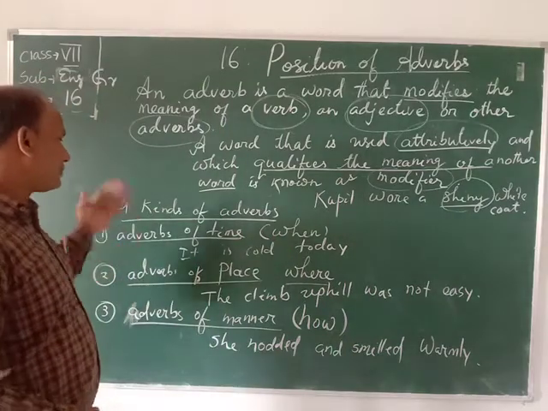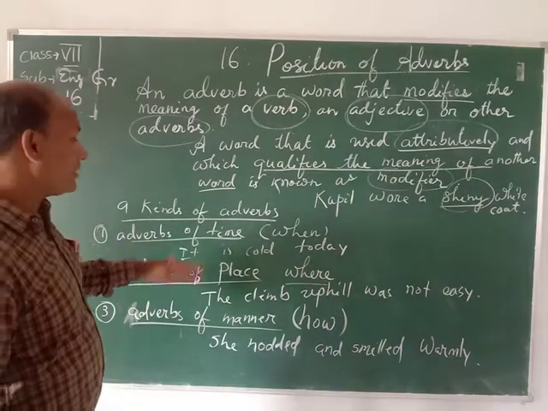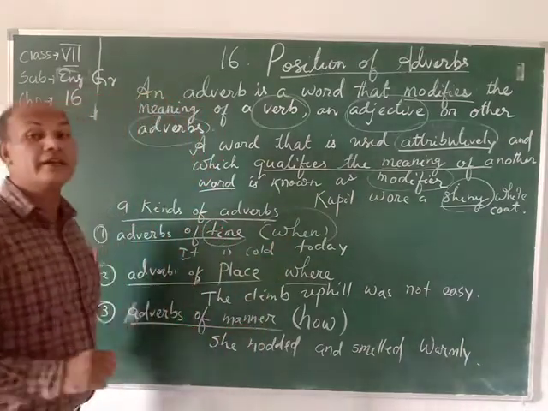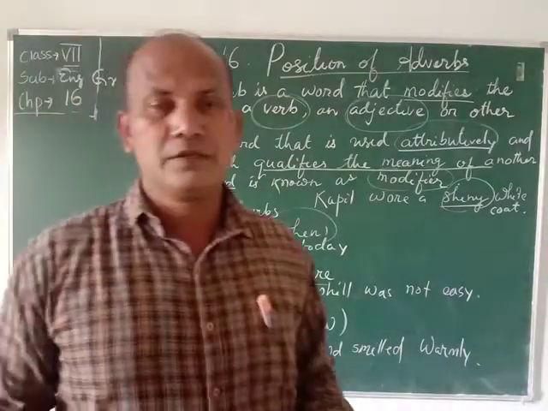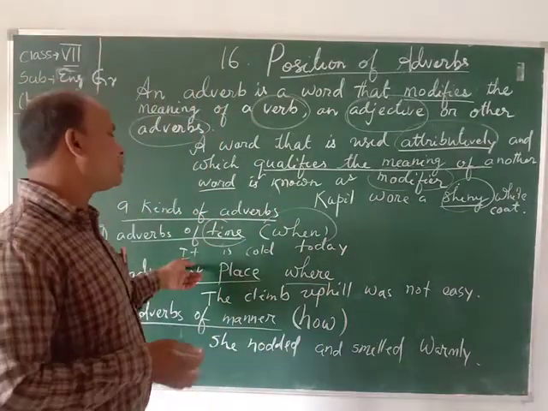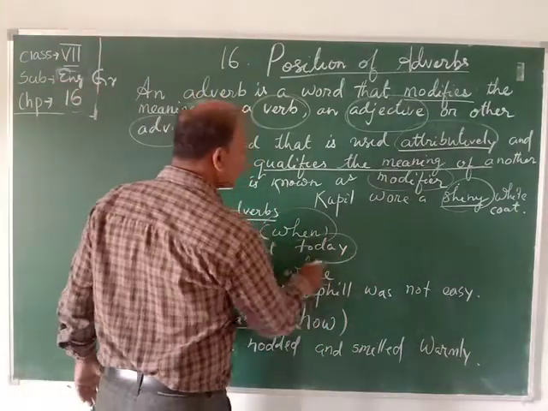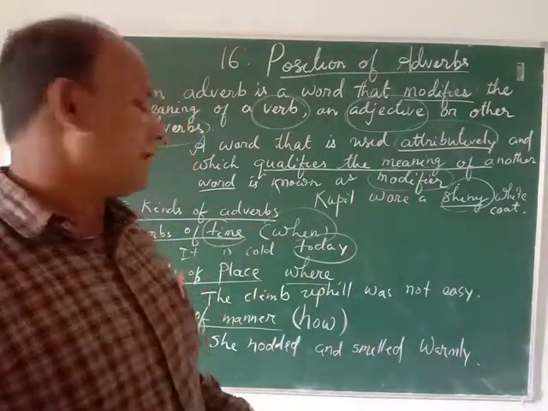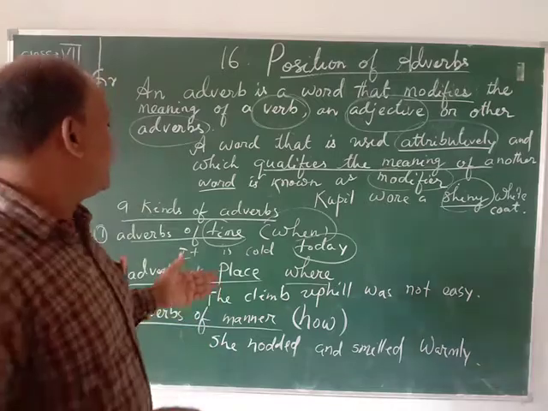First one, adverbs of time. जो समय को दिखाता है, इसको दिखा है when. Yes. When, कब, समय को दिखा रहा है, that is called adverbs of time. Just example, it's cold today. कब, आज, today. Yes, it is raining today.